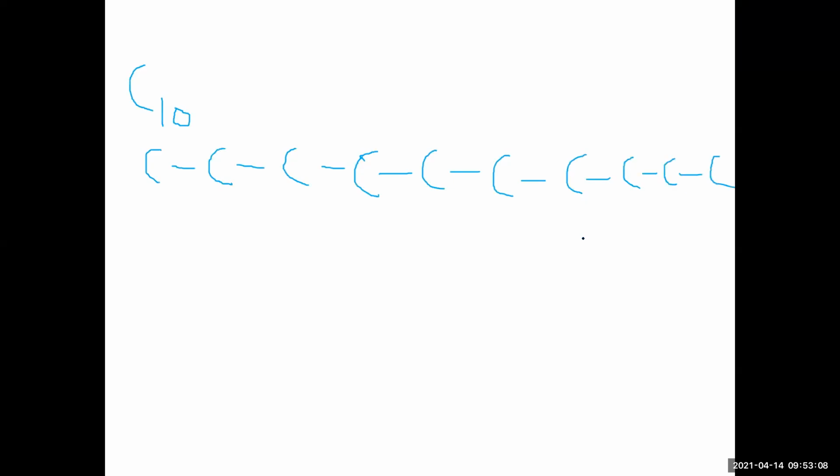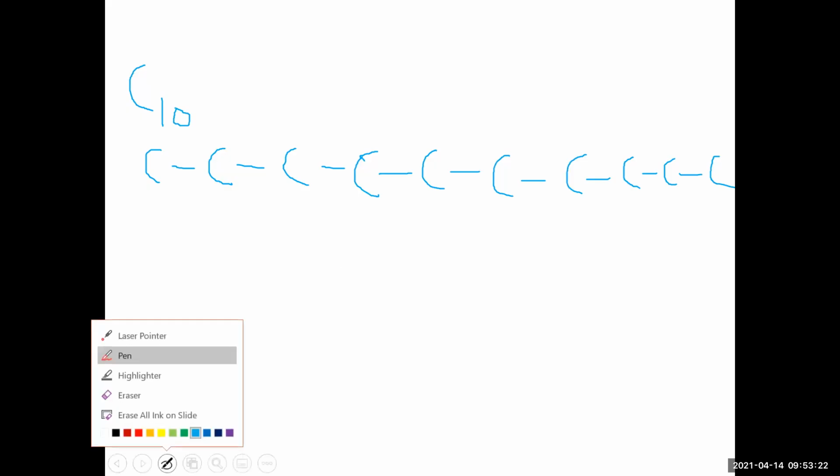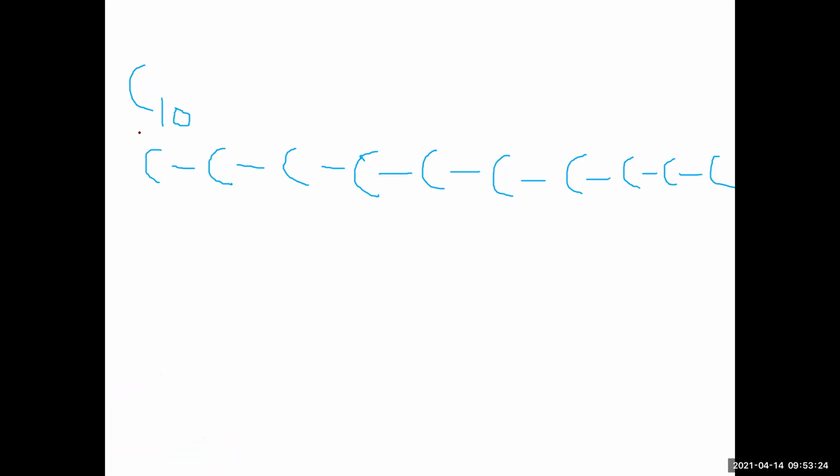So what happens after every cycle? You produce an acetyl CoA, right? An acyl CoA with 2 carbons less. That means after you finish one cycle of beta oxidation, how many carbons will be less? 2 carbons will come out as an acetyl CoA.